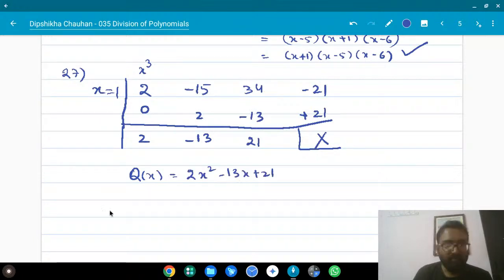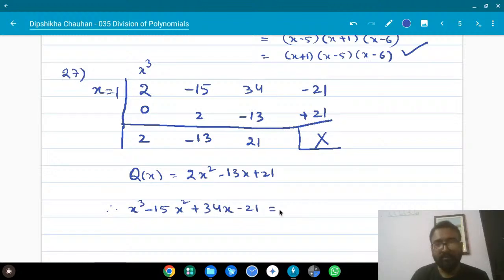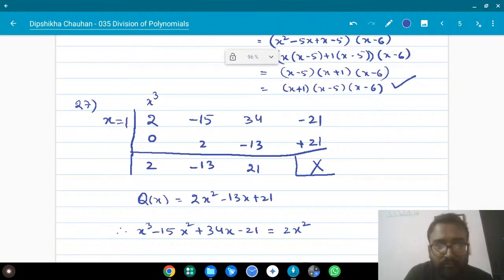So finally we can write 2x cube minus 15x square plus 34x minus 21 is equal to 2x square minus 13x plus 21 into x minus 1.